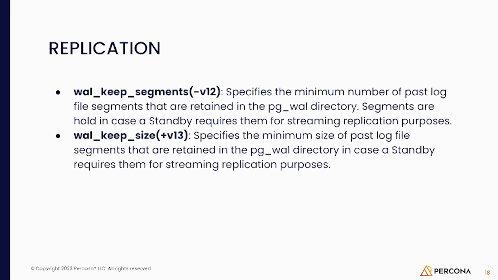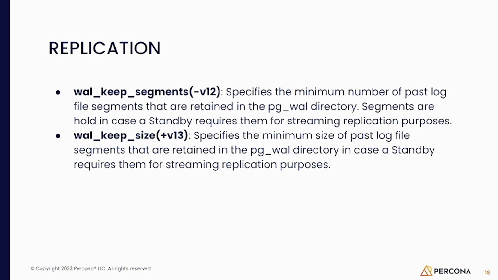This number needs to be set somewhere in the middle between the min and the max wall size. And the main difference between them is that in the older versions, the wal keep segments was related to a number of walls.